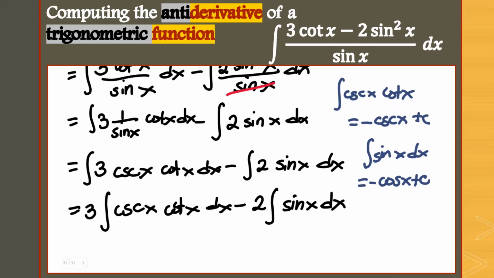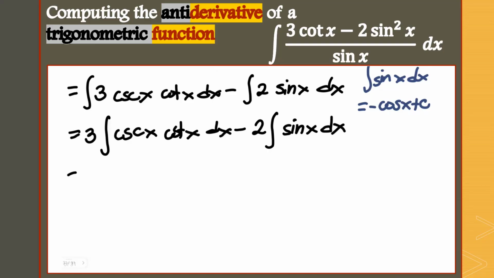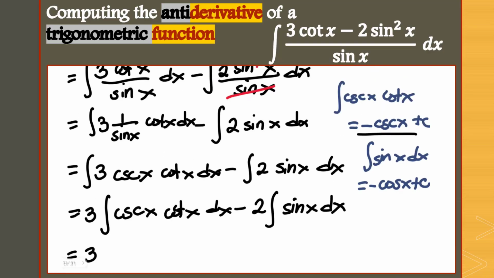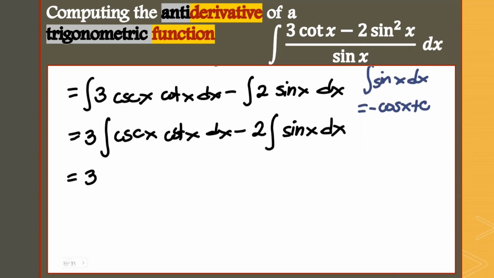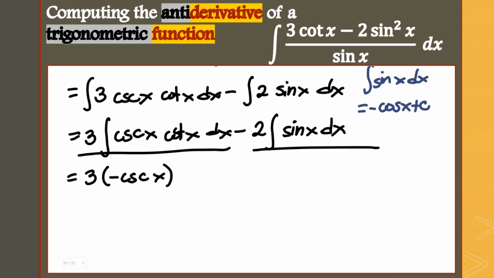So continuing, you will have here 3 times negative cosecant x. Let's leave the plus c for later because we will have plus c in the second term too, but both of them are under the same expression, so we can combine the c's into just one.